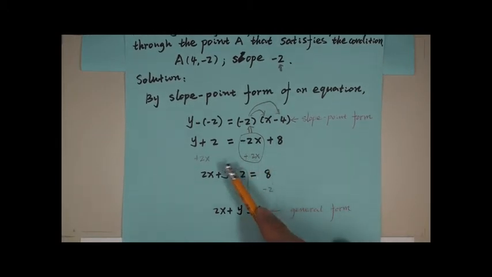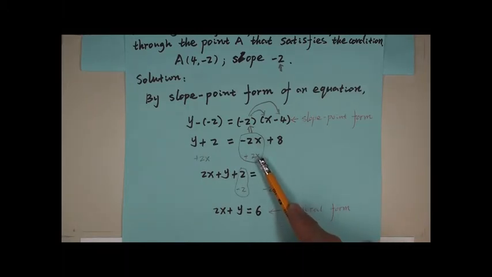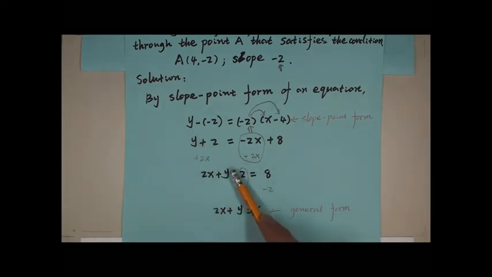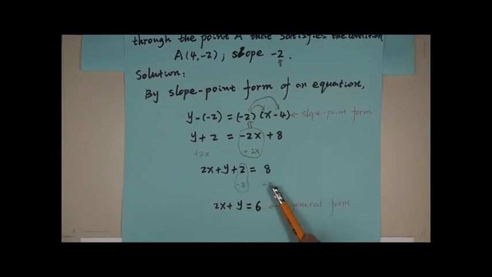Add 2x on both sides, cancel positive and negative 2x. So you have 2x plus y plus 2 on the left. Right hand side, since those 2 are cancelled, so you have 8 left. Minus 2 on both sides, cancel this positive 2.